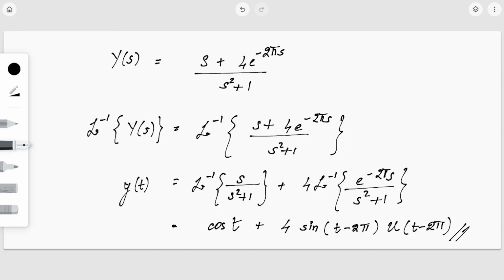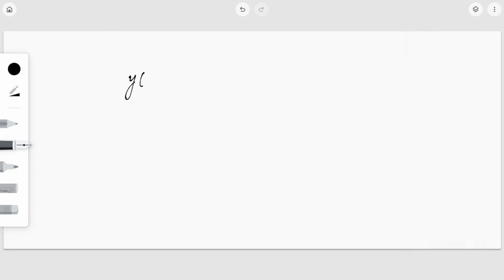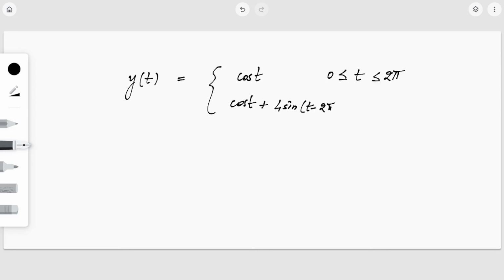We get y of t can be written as cos t when it is lying between 0 to 2 pi, because in this interval the unit step function is 0, and it is cos t plus 4 sine t minus 2 pi when t is greater than or equal to 2 pi, because in that case the unit step function is 1.